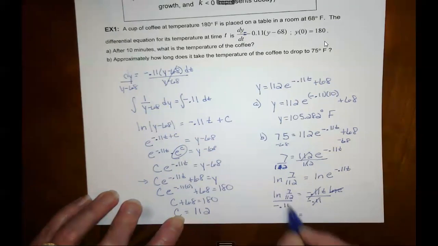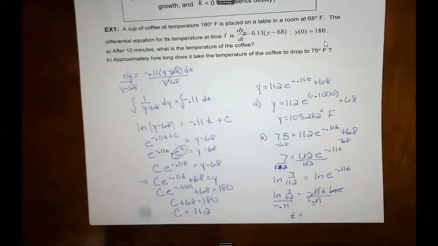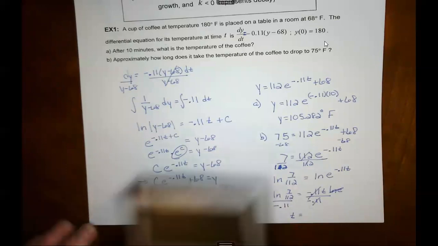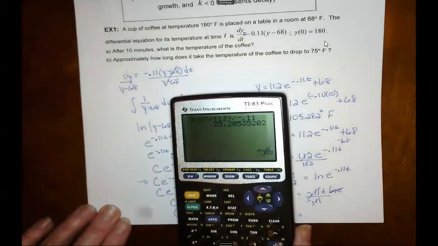And t equals this number. So let's type it in the calculator here. We have ln of 7 over 112 divided by negative 0.11. So here it is in the calculator.